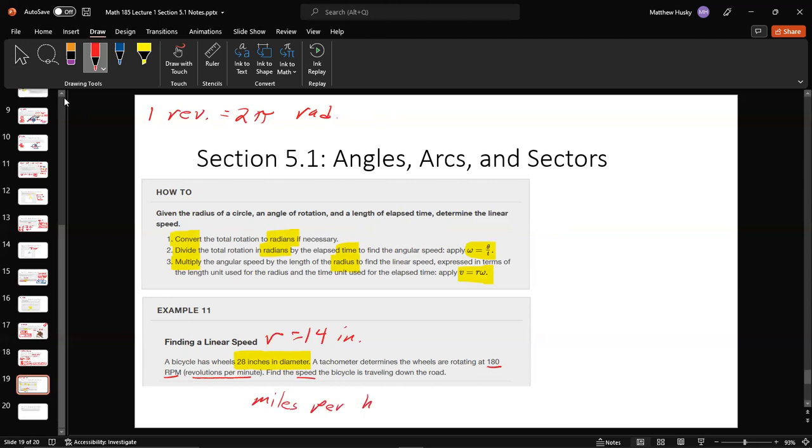That's typically how we measure speeds. So how are we going to do this? Well, first off, we need to do 180 times 2 pi, and then we're going to divide that by 1 minute.